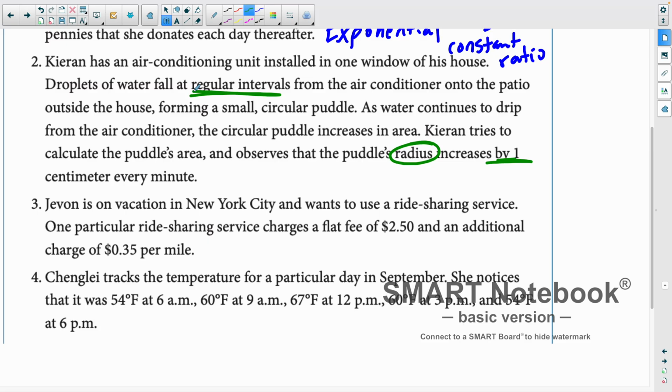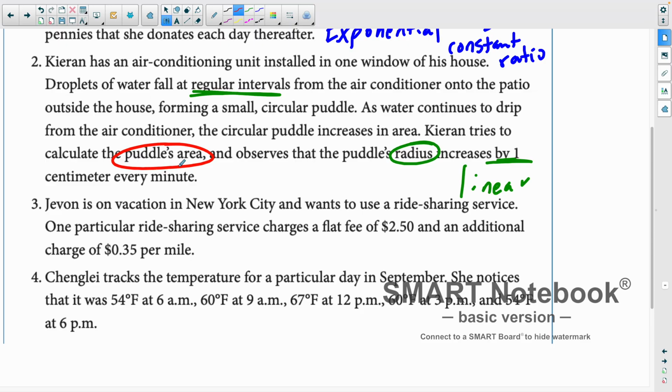Okay? Now, here's the question though. So that's kind of linear there. What's it asking me to find in this one? What's she trying to calculate? The area, correct? So, if I'm talking about area, what's the shape of a puddle?